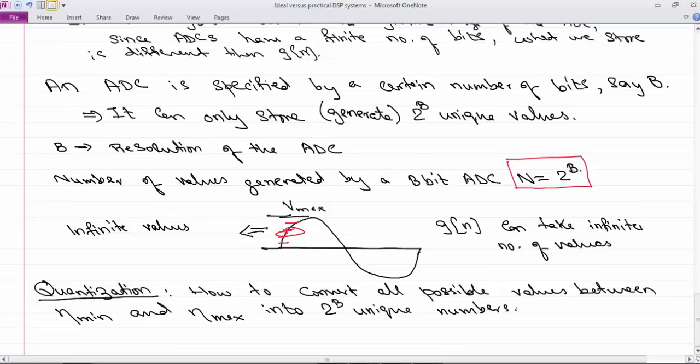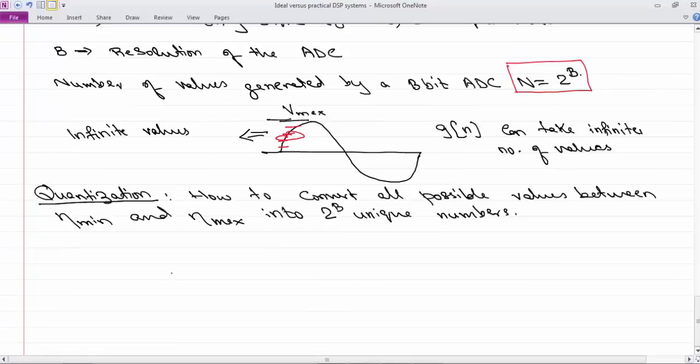That person is assigned a grade. So multiple students with different values, someone has 90, someone has 95, they get assigned to the same grade. At the end of the day, all you are given is the grade, and you can't really tell whether a student had higher marks or lower marks if they have the same grade. Quantization is a similar kind of process, but in the context of ADCs.